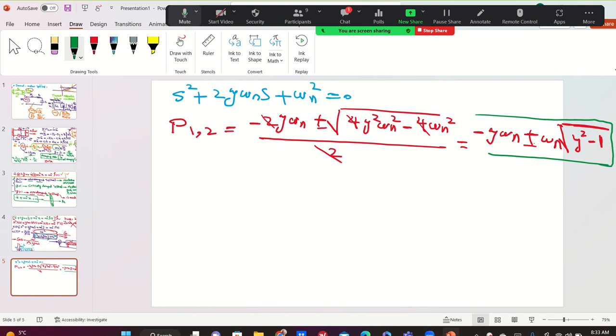Now we have 3 scenarios. A, if your system is underdamped, zeta is smaller than 1. If zeta is smaller than 1, what's going to happen for this term? Does it become positive or negative?